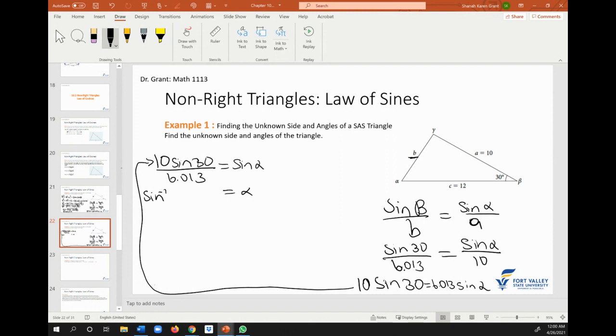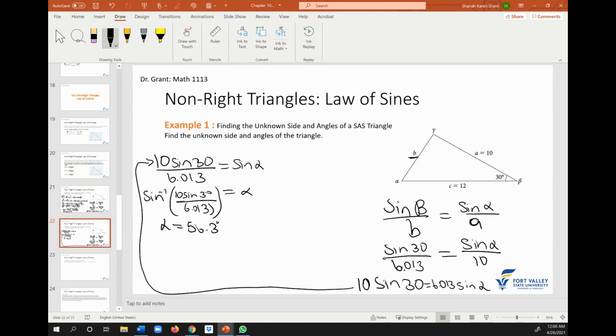So we do sine inverse of 10 sine 30 over 6.013, okay? And once you plug this into the calculator, alpha in degrees should be 56.3.